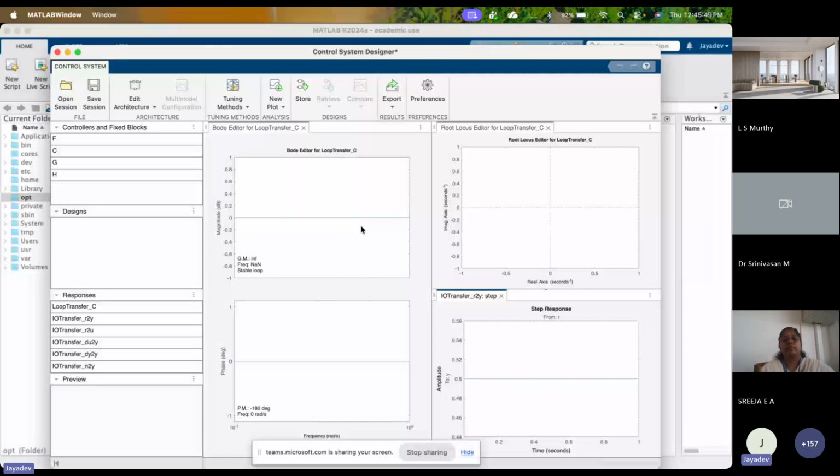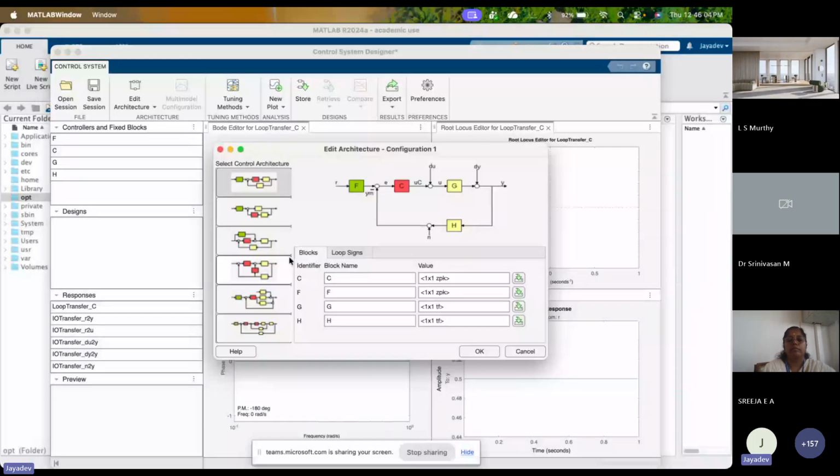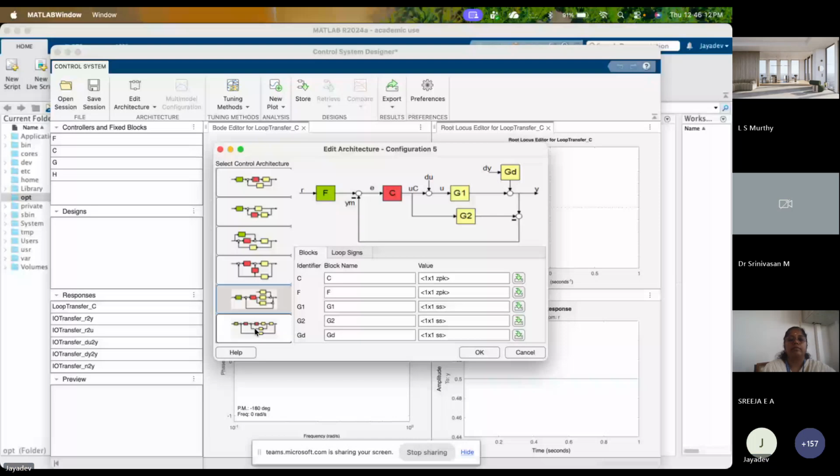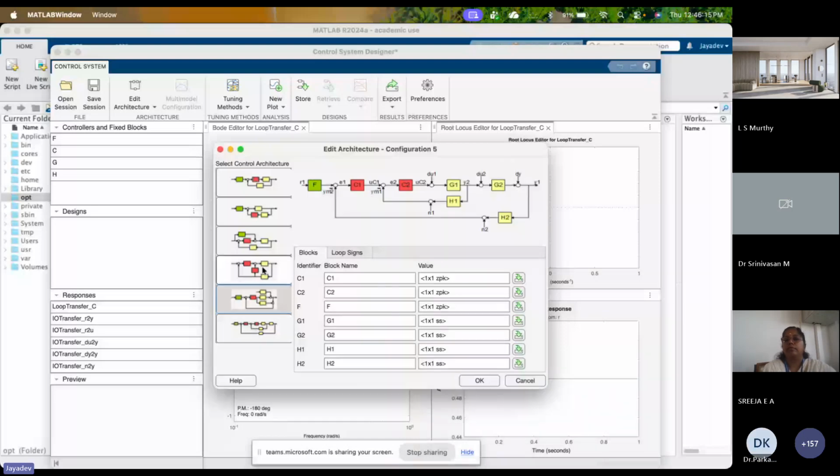Here, you go to edit architecture, then select which type of controller you want to design. Different controllers are available here. You need to know the PI controller structure and select accordingly.